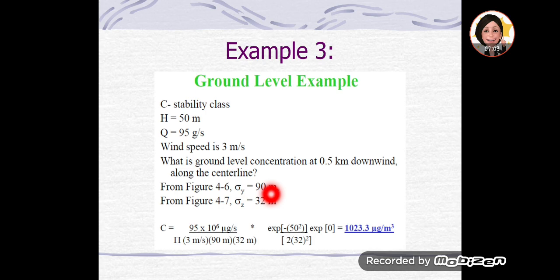Again, it's along the center line, but we have an h. Because it's along the center line, the y becomes 0, which is why the y part becomes 0. We still calculate the h, and you calculate the front part of the equation, and we get the concentration at 500 meters downwind.